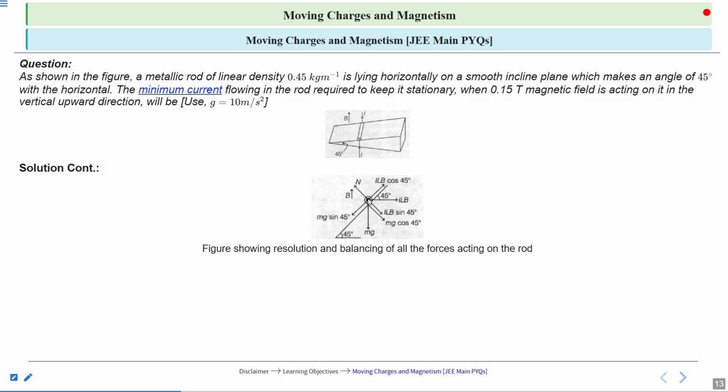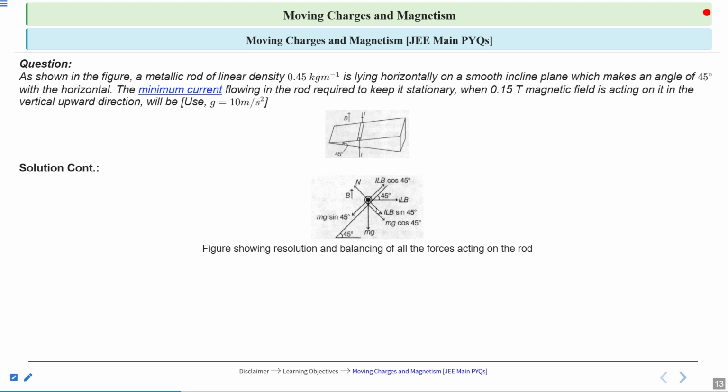The rod is stationary due to which components? The components along the inclined plane. If they are equal and balancing each other, then the rod will be stationary. So mg sin 45 degrees should be equal to ILB cos 45 degrees, so that the rod remains stationary and doesn't roll along the inclined plane.